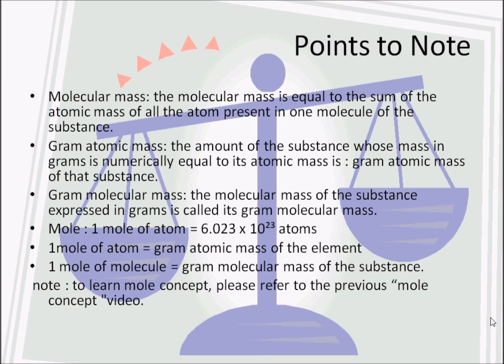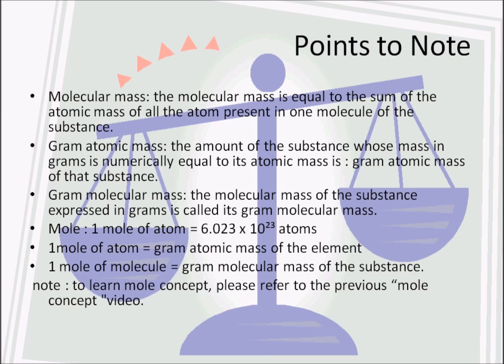But before starting with the new topic, I want you to revise all the important terms which will be helpful for you to understand the future slides. First is molecular mass. It is equal to the sum of atomic mass of all the atoms present in one molecule of the substance.